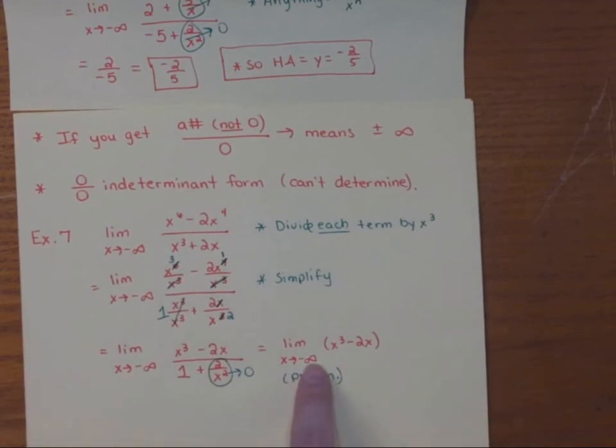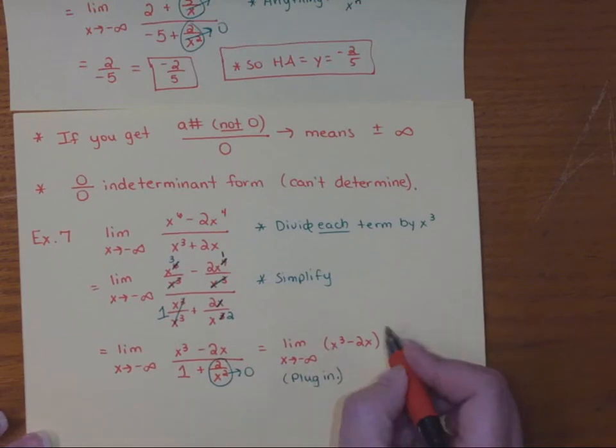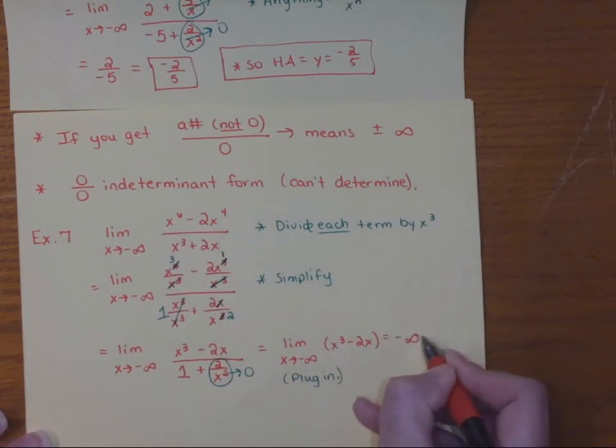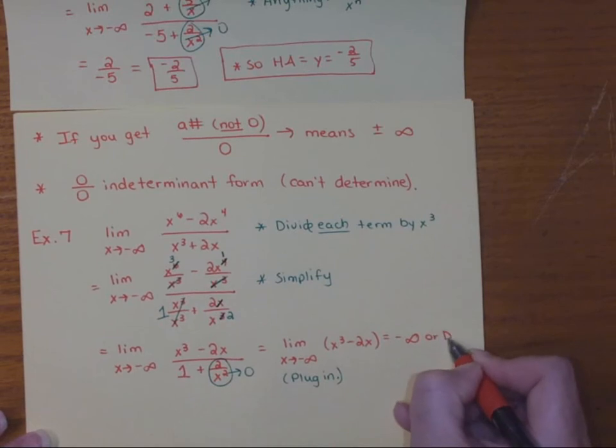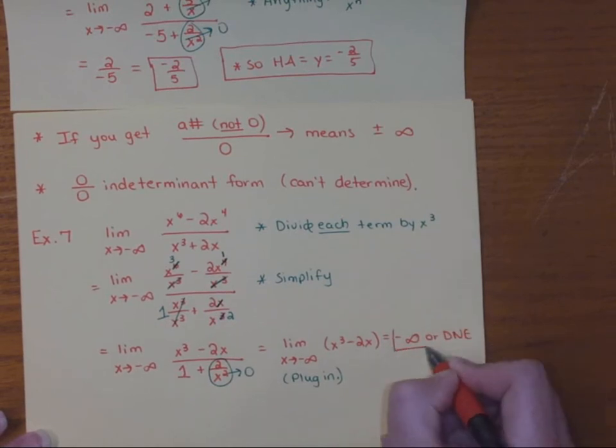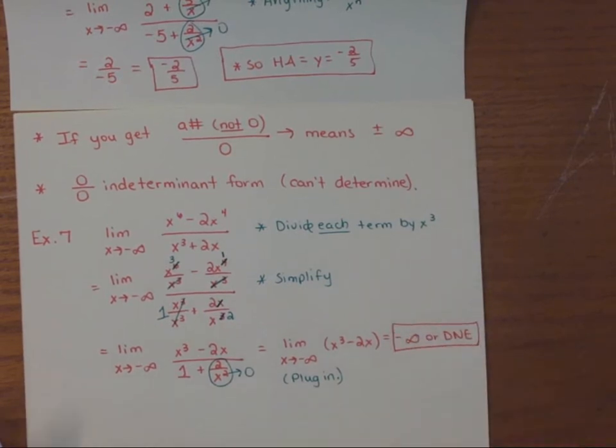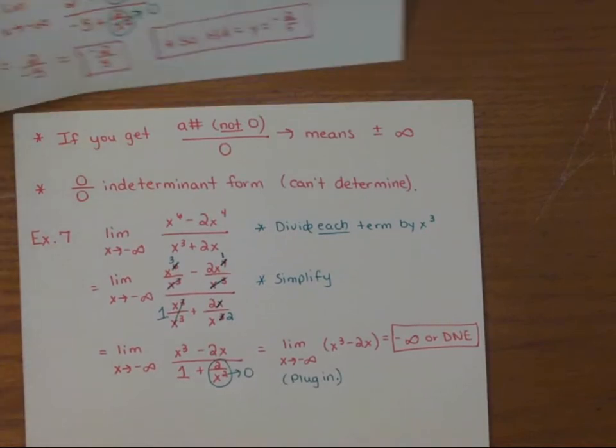So if you plug a negative large number in and you cube it, the question is, will it be a positive sign or will it be a negative sign? Because of this cubed power, it would be a negative sign. So we're going to get negative infinity, but remember that means the limit doesn't exist. Okay, if this would have been, say, a 4th power or something, then we would have said positive infinity, because when you raise a really large negative number to an even power, you get a positive value.